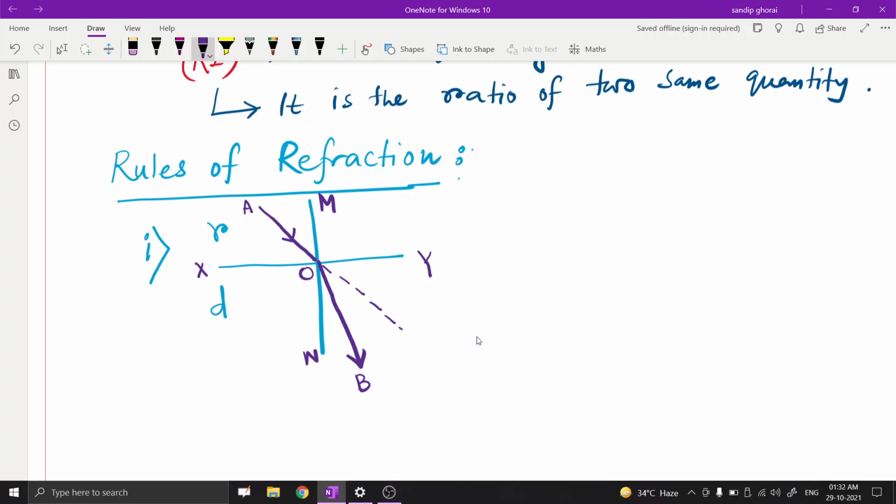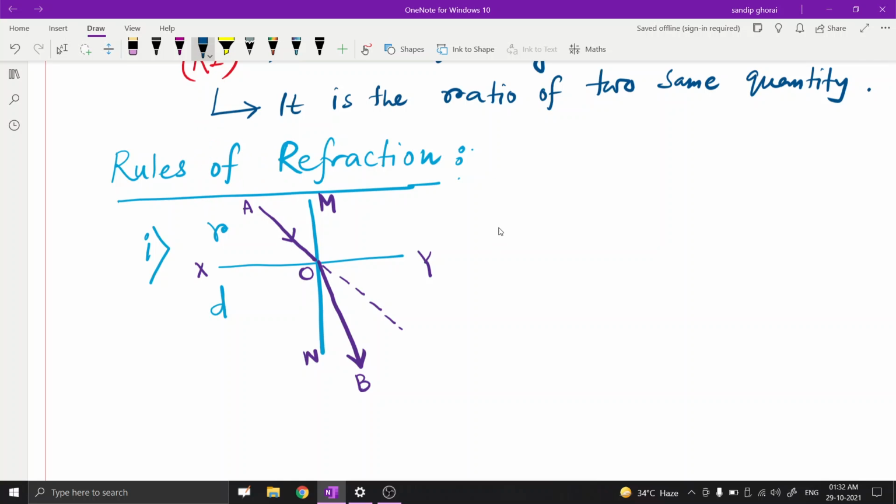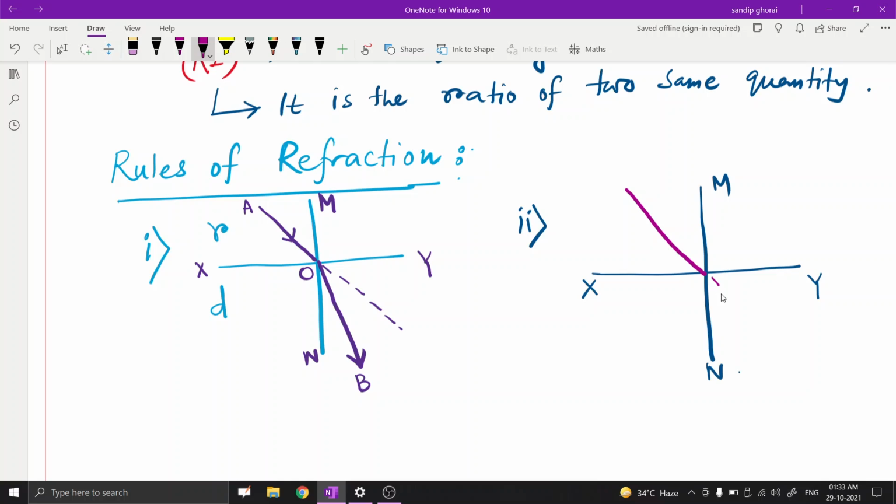And what is the second rule? Similarly, this is XY, and this is also MN as normal, and we take the incident ray like this.